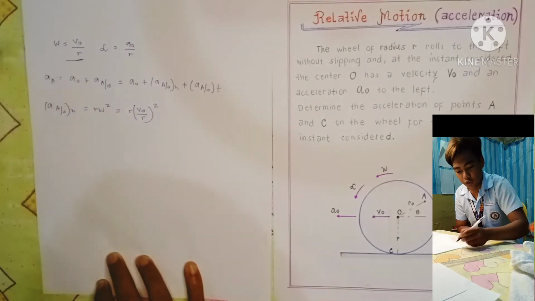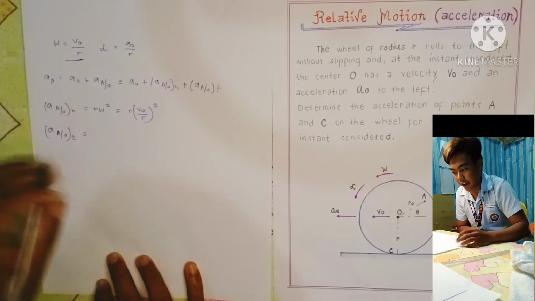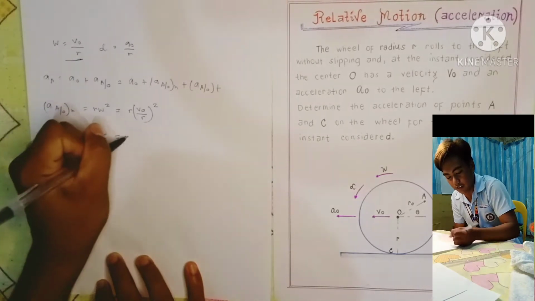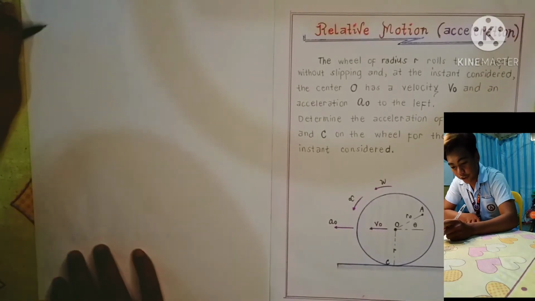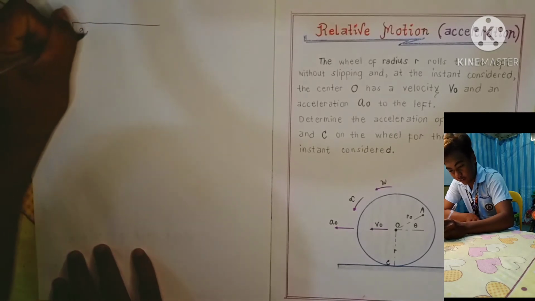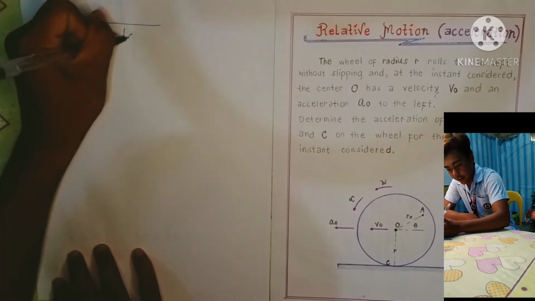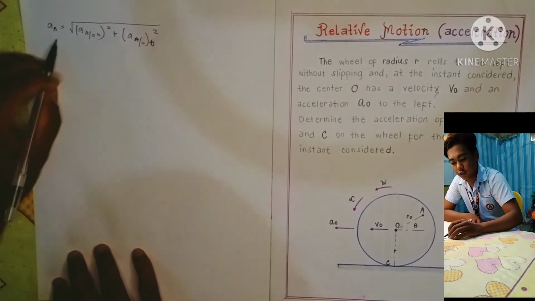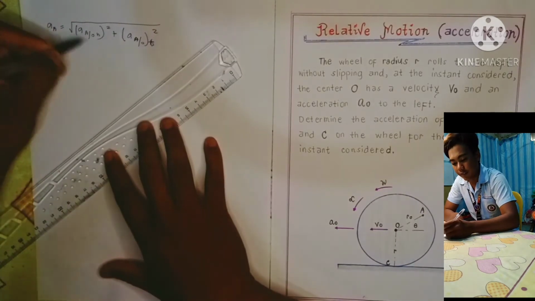That is where it comes from. The relative acceleration of A over O tangential is equal to R times the angular acceleration, or R times AO over R. So that is where it comes from. For the acceleration of point A, we need to use the square root of the relative acceleration of A over O normal squared plus the relative acceleration of A over O tangential squared. To get this A of A, we need to draw so we can better get the variables of these two.